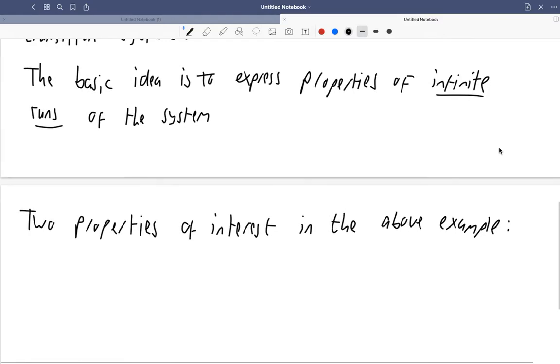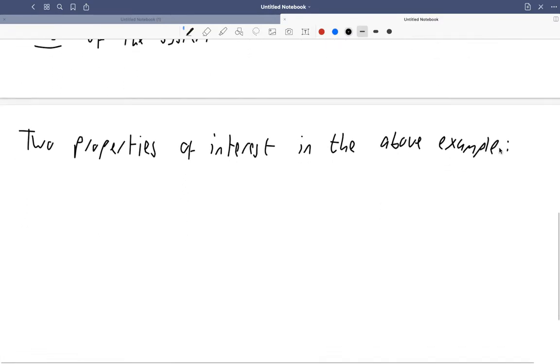So an important one is mutual exclusion itself. So let's do this as a bullet pointed list.